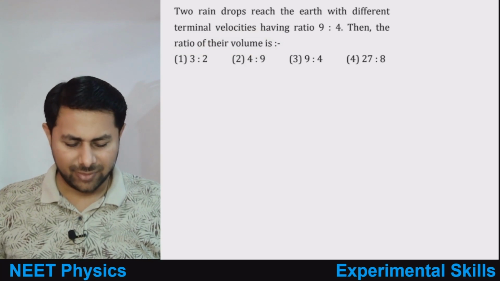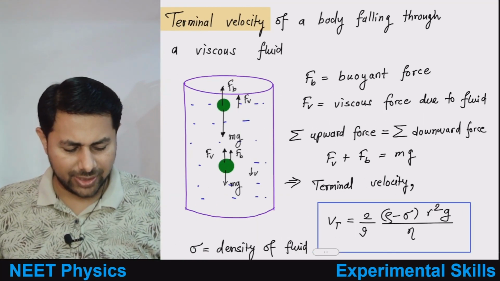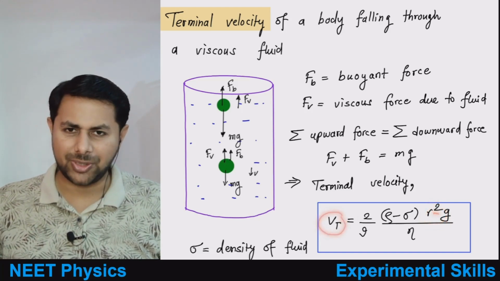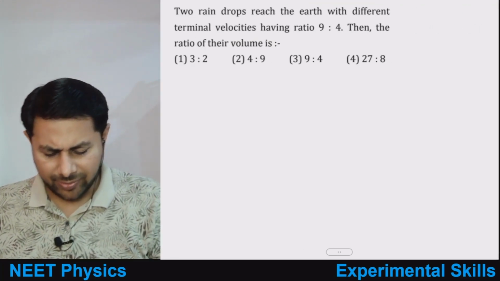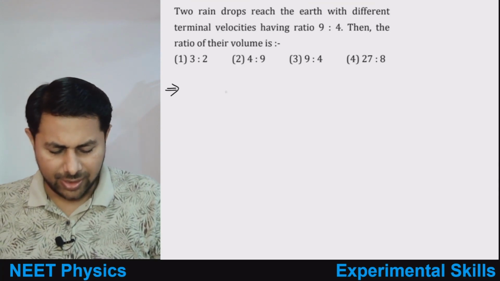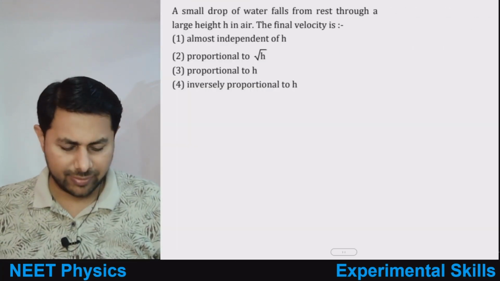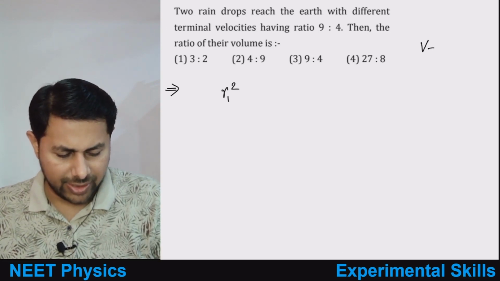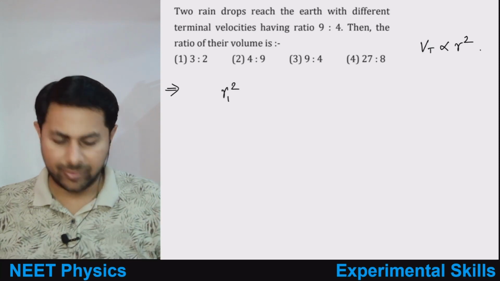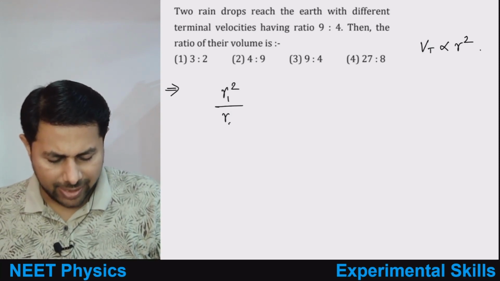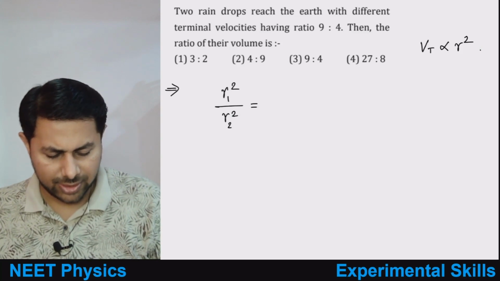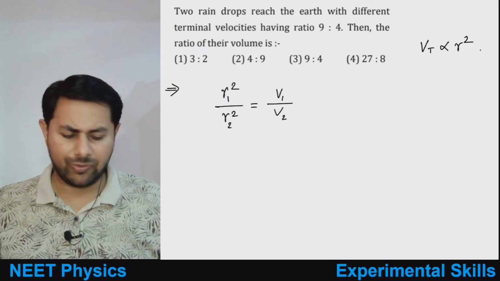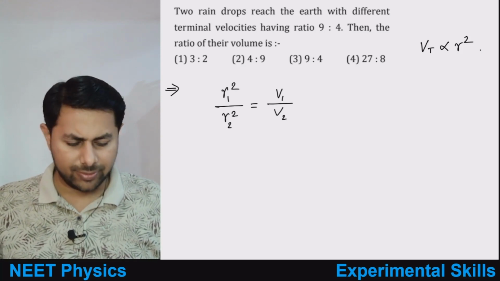See, the terminal velocity is directly proportional to r square, right? So using that, we can find the ratio of the radii. Vt is directly proportional to r square, so r1 square by r2 square is equal to Vt1 divided by Vt2.